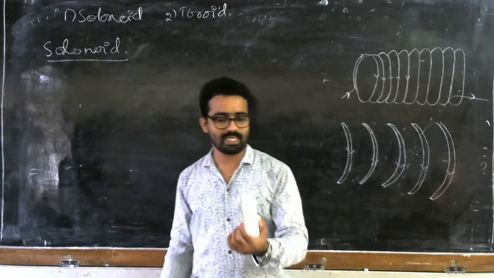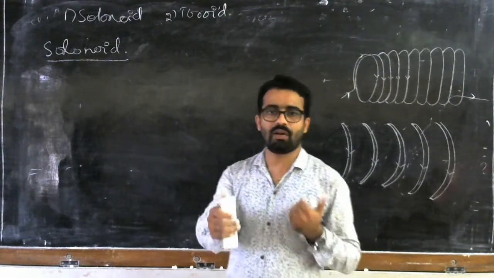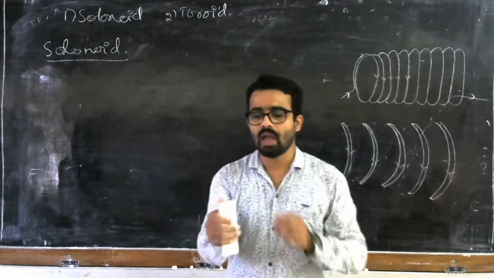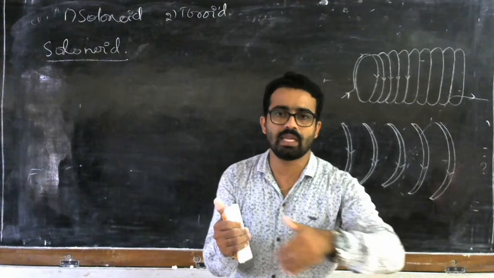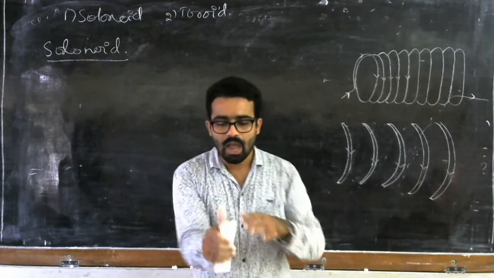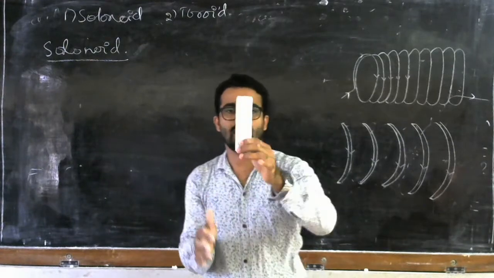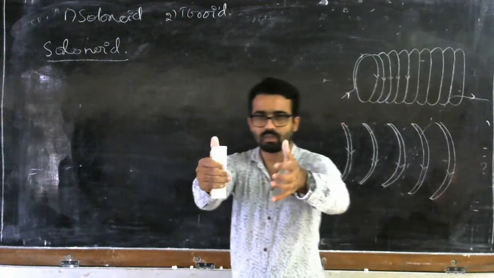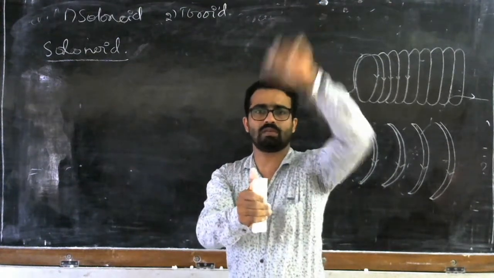The right hand rule says that if you hold a conductor with your right hand, with the fingers curled around the conductor and the thumb pointing in one direction, then the curled fingers represent the direction of the magnetic field, and the thumb gives the direction of current through that conductor. If I am holding this conductor with my right hand, then my curled fingers represent the direction of the magnetic field, and this thumb gives the direction of current.